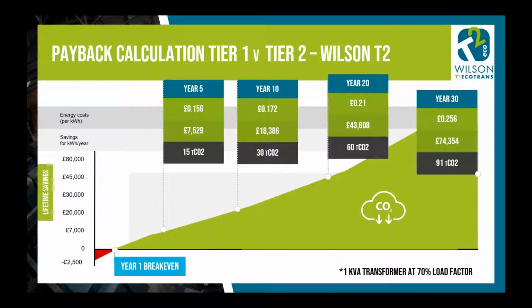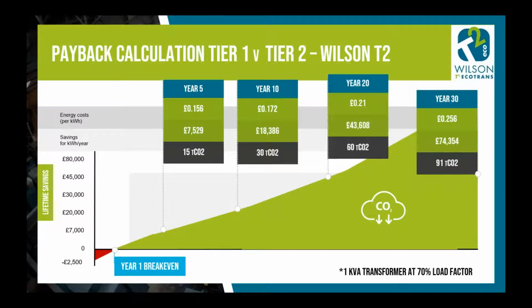By year 30, just by getting Tier 2 instead of Tier 1, you would have saved an extra £74,354 and 91 tons of CO2. So now we know that the numbers prove that Tier 2 makes even better financial sense than Tier 1. So it is good to fight climate change and at the same time reduce running costs.